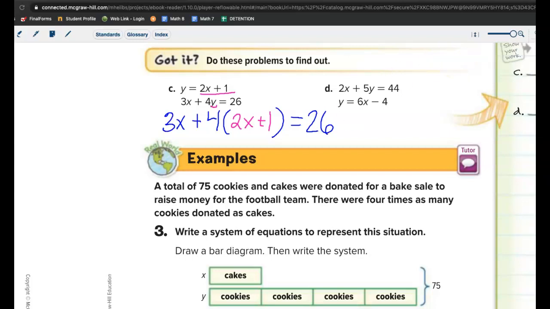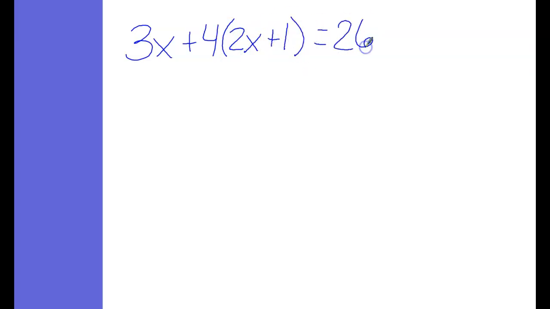Okay, I ran out of room, so I'm just going to go to a blank document so that you guys can see it. So what was the equation? 3x plus 4 times 2x plus 1 equals 26. What would we do first to solve? You do the distributive.